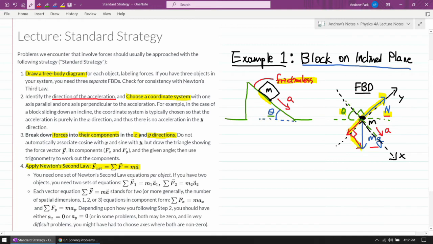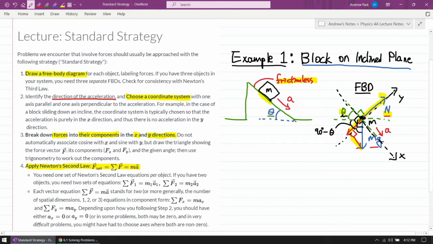Once you've drawn the triangle, then you have to go through the geometry exercise to locate any known angle onto that triangle. So in this case, all right, I have theta here. I know this is 90 degrees. So I happen to know this is 90 degrees minus theta. I know this is 90 degrees because horizontal and vertical.